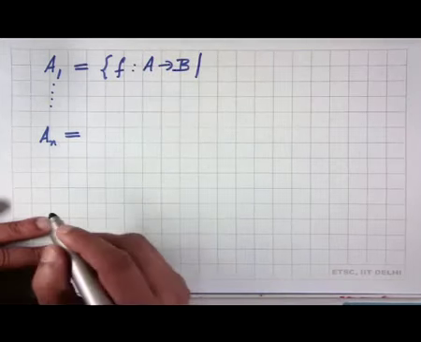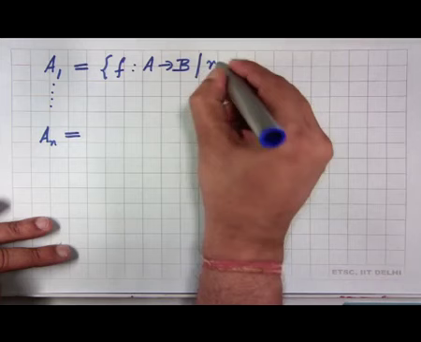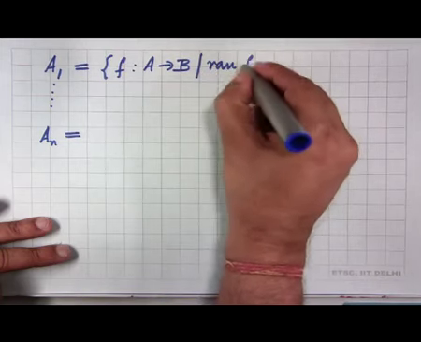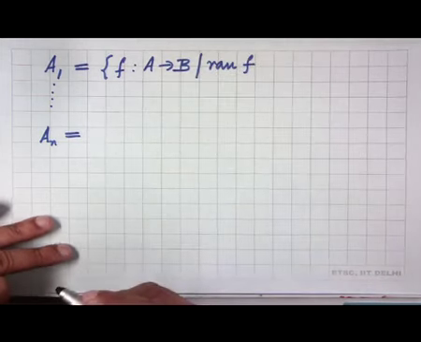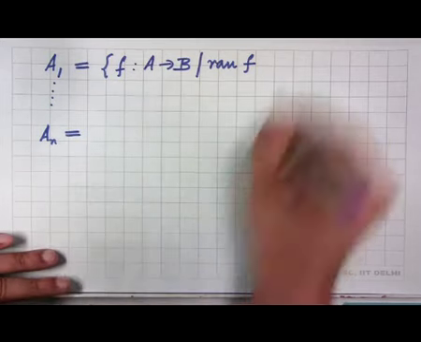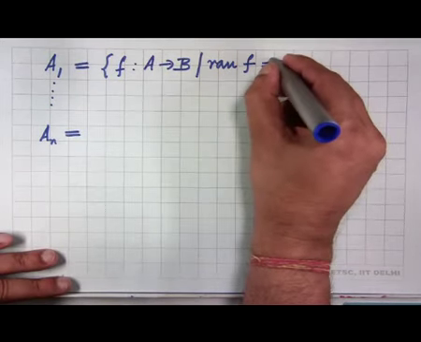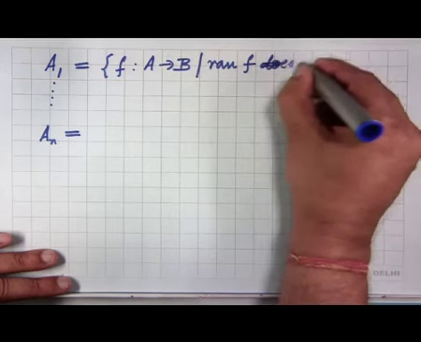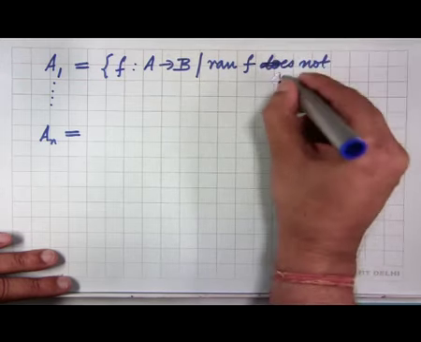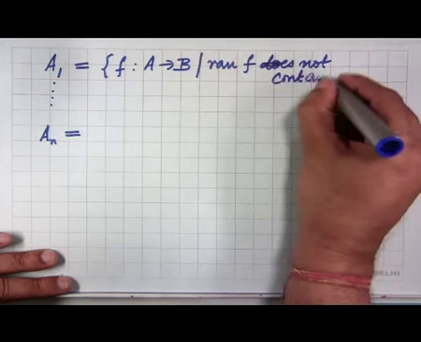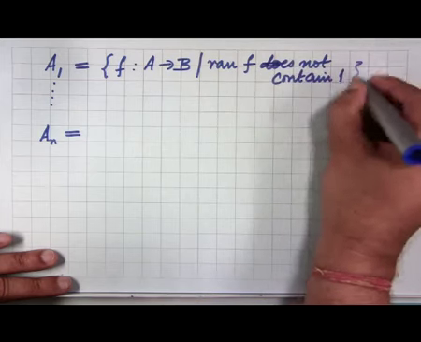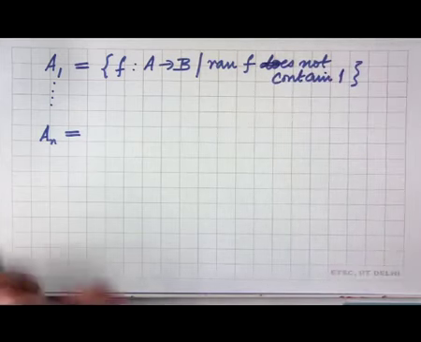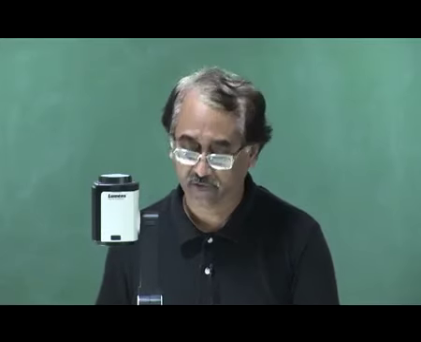such that the range of f, which I'll call RAN for short, the points where f goes to, does not contain the number 1. Let's pause for a minute to figure out what this will eventually give us.